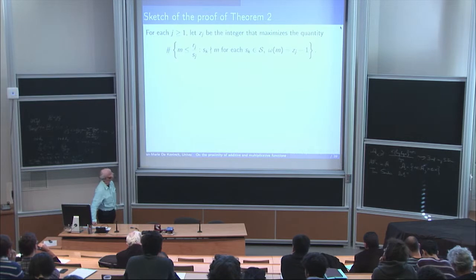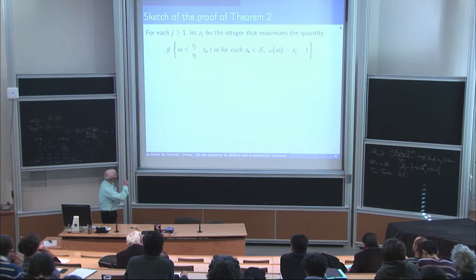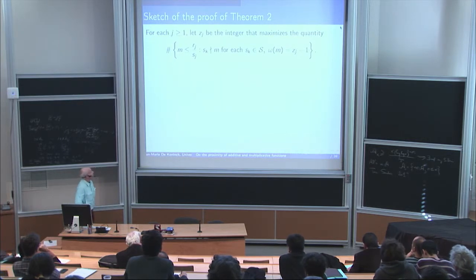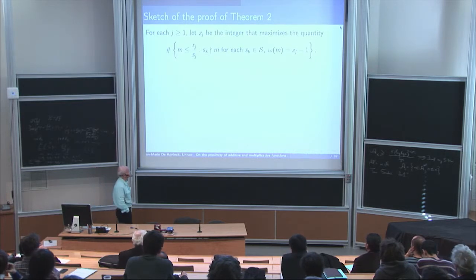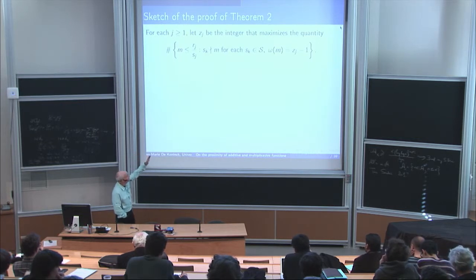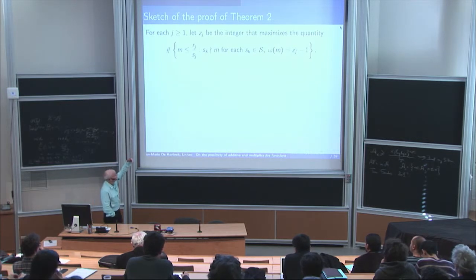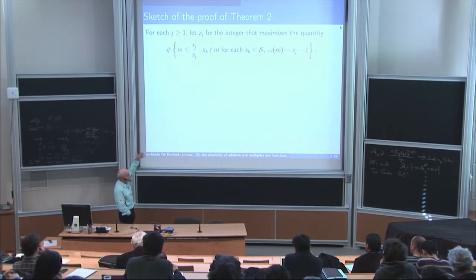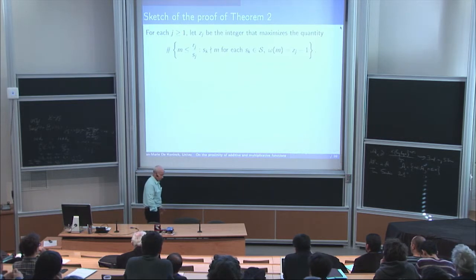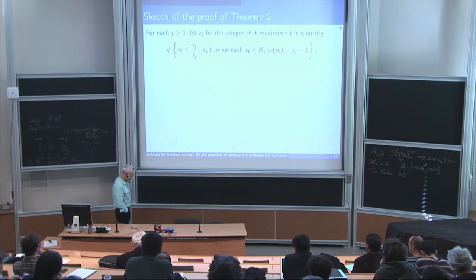Now fix an integer j, and look at that set under there: all those integers m smaller or equal to rj over sj, such that sk does not divide m for each sk in S. Then for a fixed j, forgetting about the omega n equals j minus 1 for now, the m's in this set have various values for omega of m.